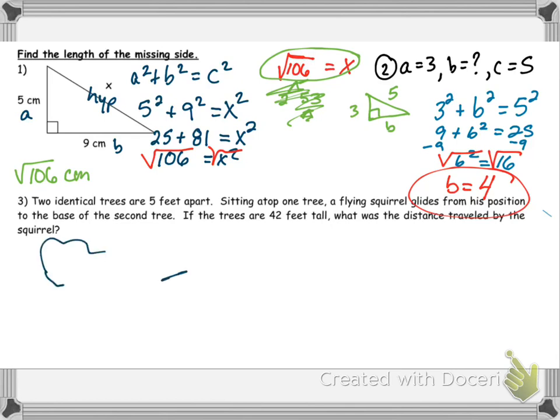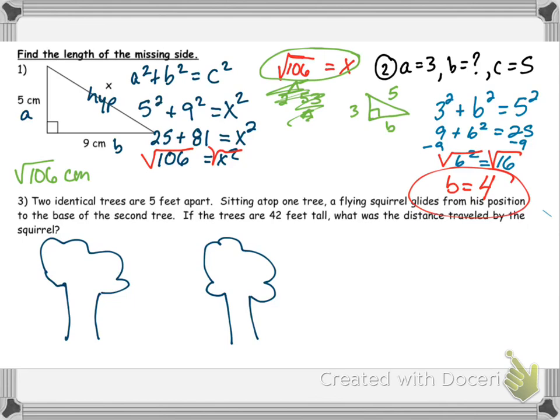So let's see what my art looks like. I have a tree here, and a tree here, and they tell me they are 5 feet apart.